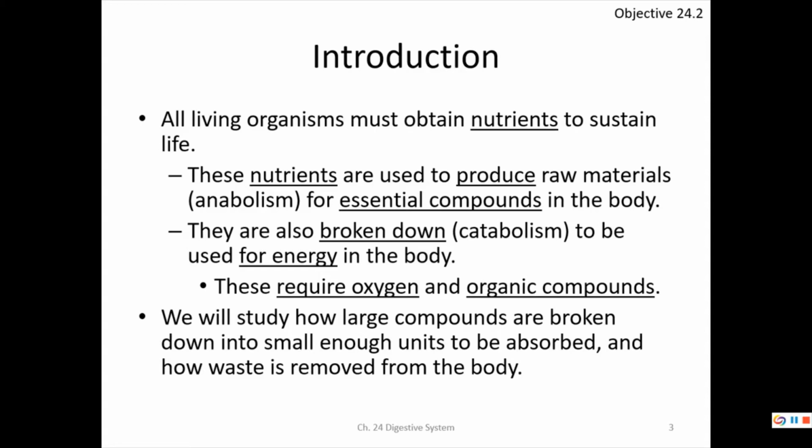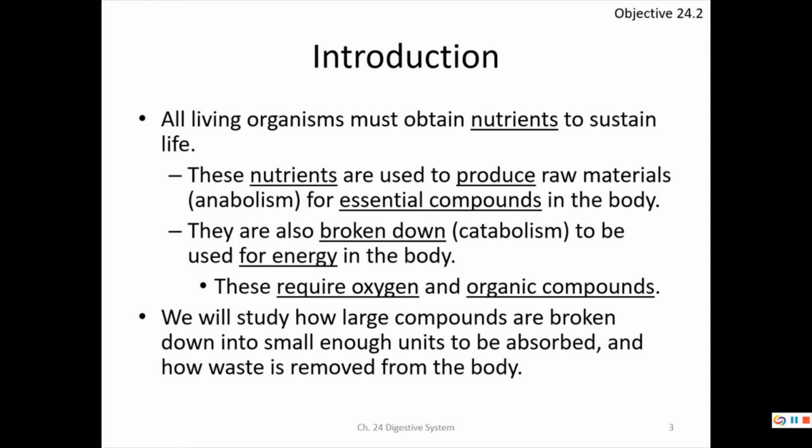By the time it's done, it's broken down into its base molecules. We absorb those molecules and utilize them, and then what's left is waste, and we remove that.